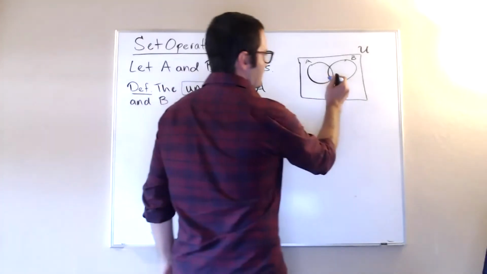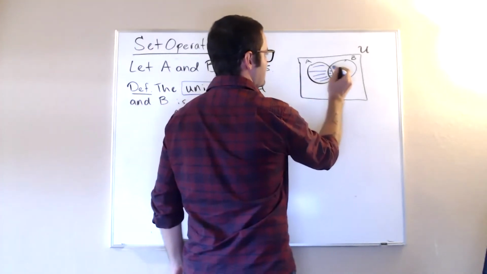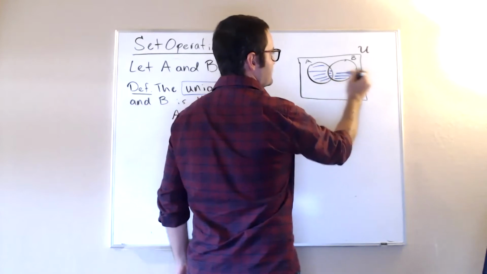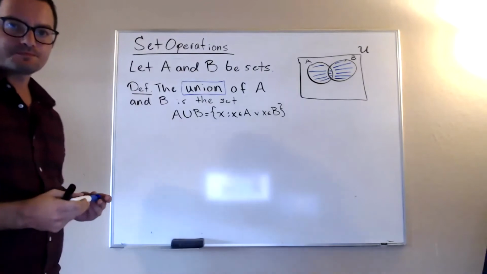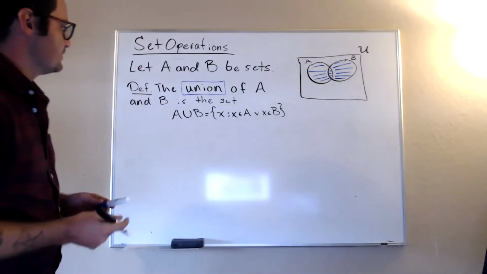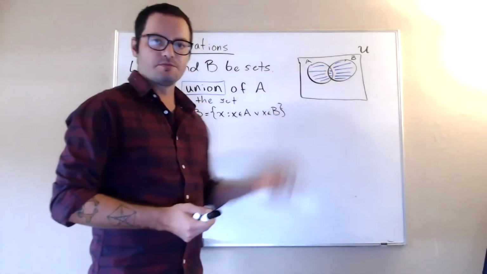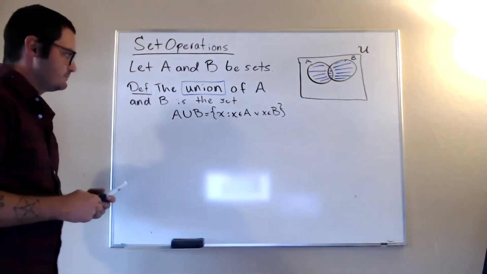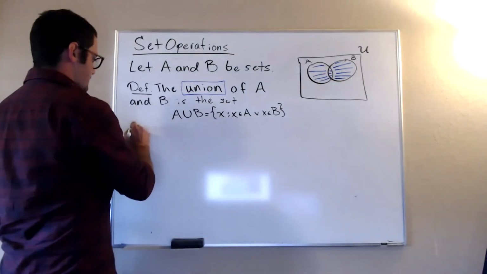So with the picture, we can say everything that's in A is in there, together with everything in B. Okay? So that would be the collection of all elements that are in A or B.